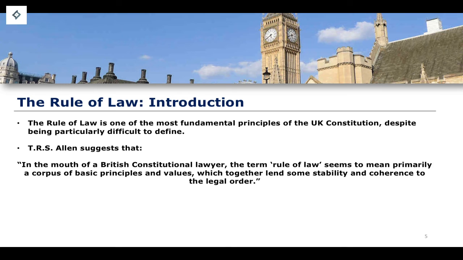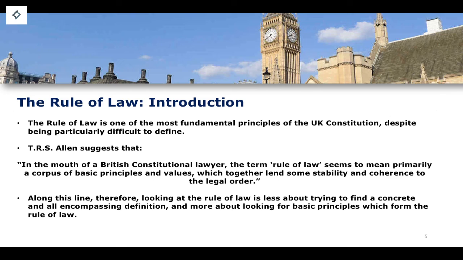Allen, for example, in the mouth of a British constitutional lawyer, the term rule of law seems to mean primarily a corpus of basic principles and values which together lend some stability and coherence to the legal order. So rather, as this quote suggests, than trying to make a definition of the rule of law, a constitutional lawyer may look to the rule of law and see a number of basic principles and values, rather than a specific definition.